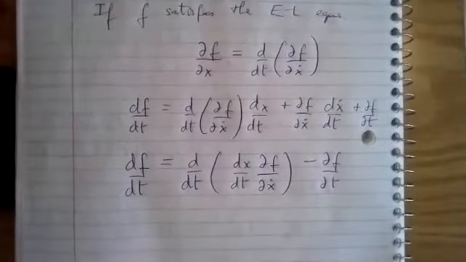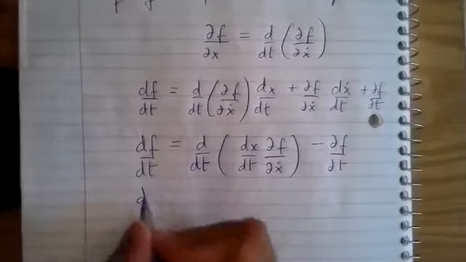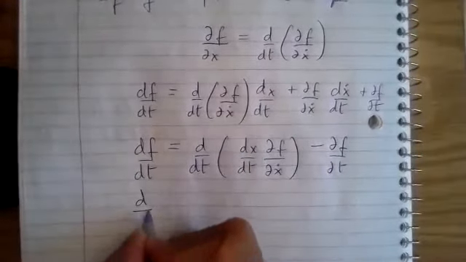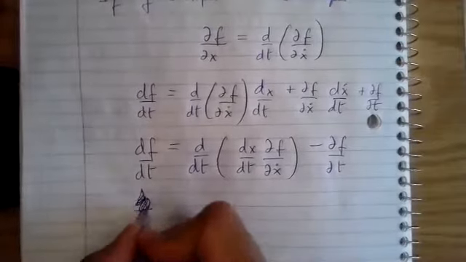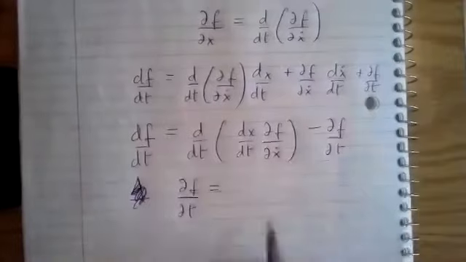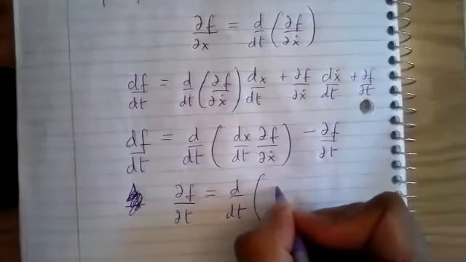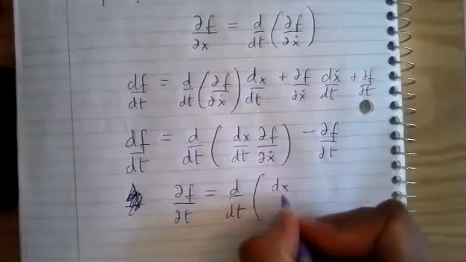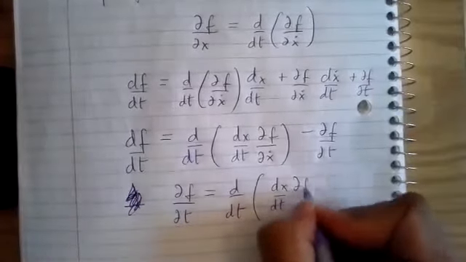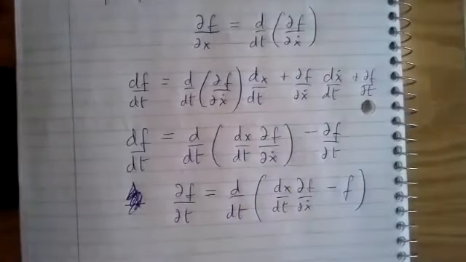And then we can pull this to the other side. Let me just rearrange things a little bit. So we end up with partial f partial t is equal to d by dt of dx dt partial f partial x dot minus f.